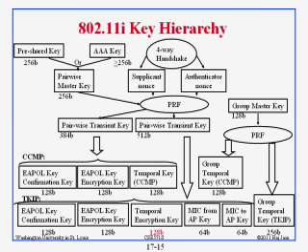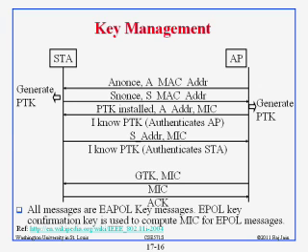It is strange that for EAPOL messages they have an integrity key and an encryption key, integrity key, encryption key and all that, but when they come to this one, they have only one key. So we'll have to check that out. But anyway, all of these messages are EAPOL key messages.